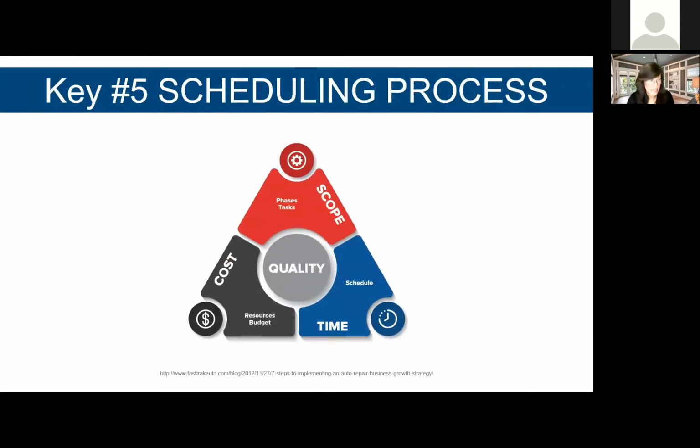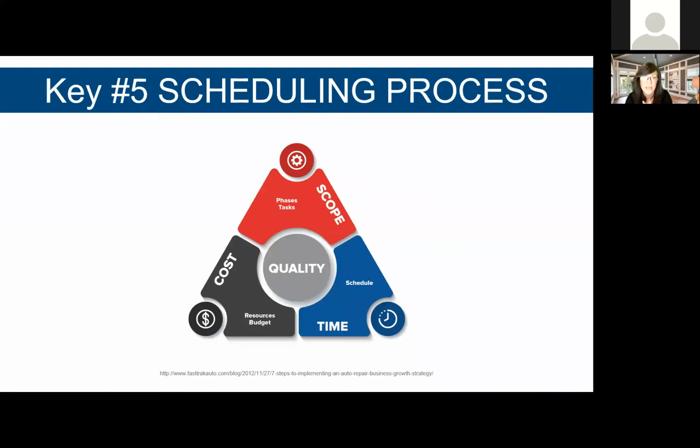All right, next we have scheduling process. So the scheduling process is about managing who you have available, the projects that are going on each week, and the work that needs to get done each week with deliverables and all of that. Being realistic with the number of hours that a human being can work in a day.